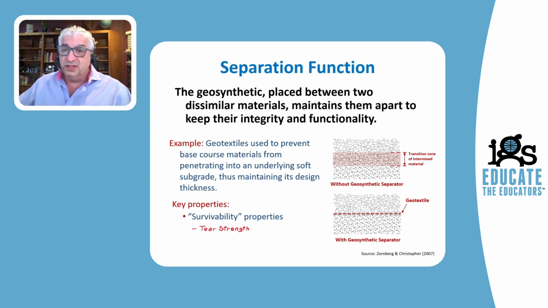They include tear strength, grab strength, and puncture strength. Again, index mechanical properties that will establish the survivability of the geotextile separator. Together, there is a specification called AASHTO M288 that quantifies the magnitude of these different mechanical properties to satisfy survivability.